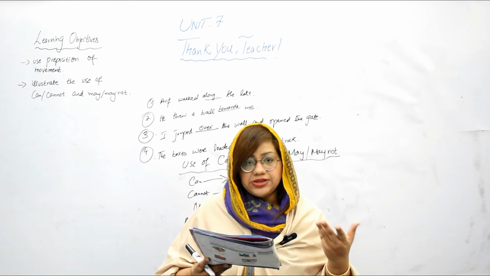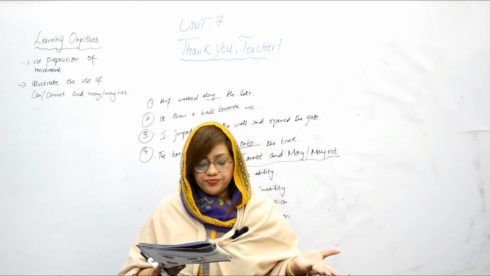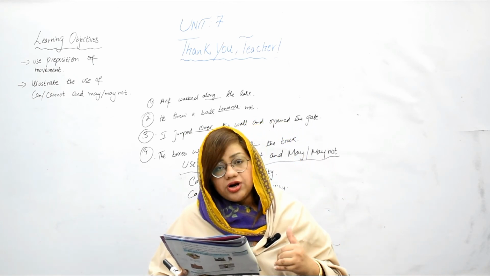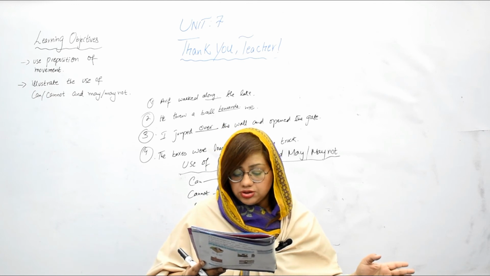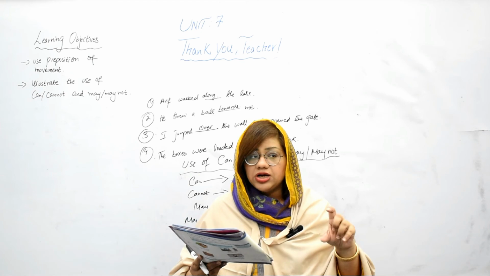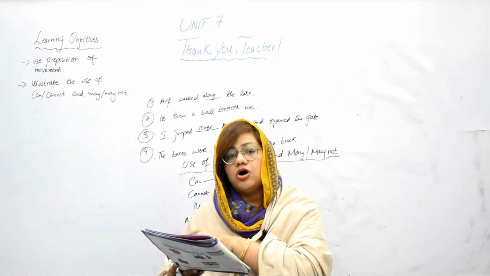Teacher, there is a permission. May I come in? This is a kind of seeking permission. May I use your laptop? This is seeking permission. And then, no, you may not, because it is denying permission. So you are writing may not.